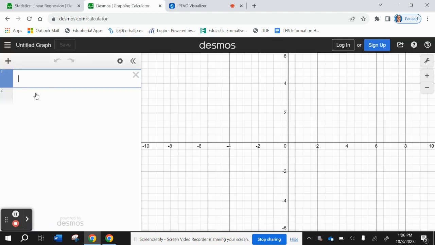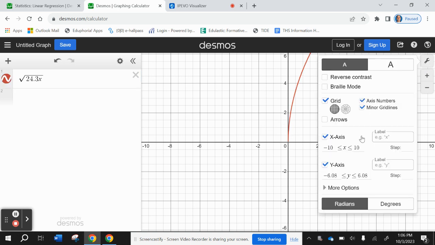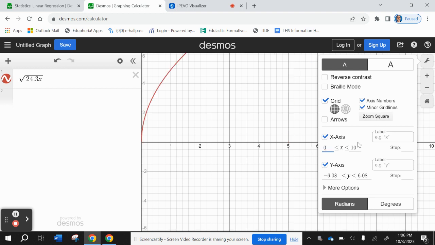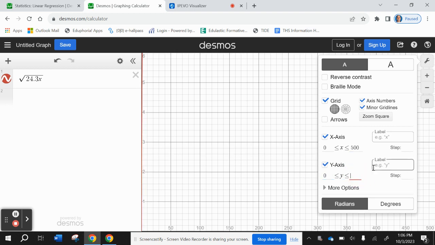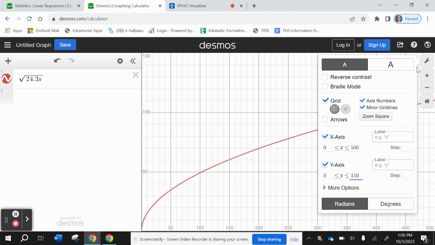Graphing calculator, square root of 24.3x. And we need to adjust our window. So from 0 to 500. And from 0 to, let's just go 150 just to be safe, okay?